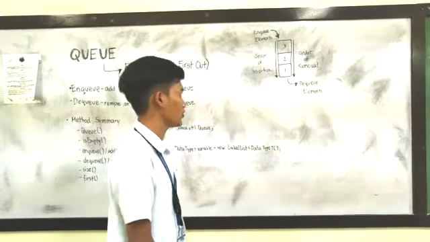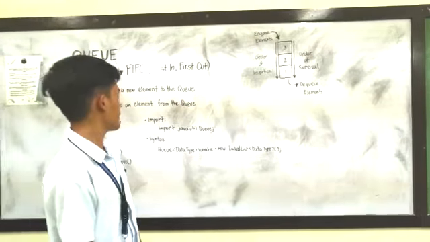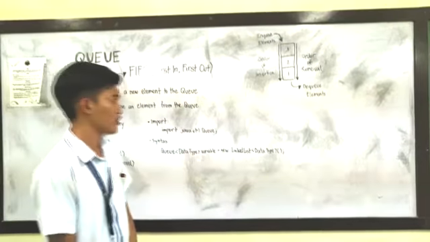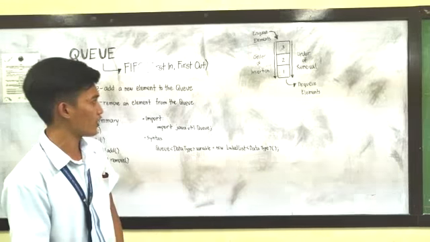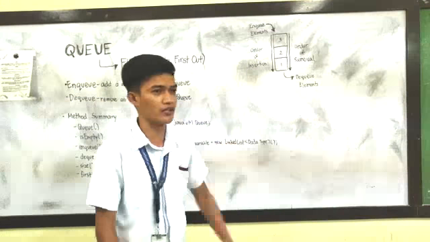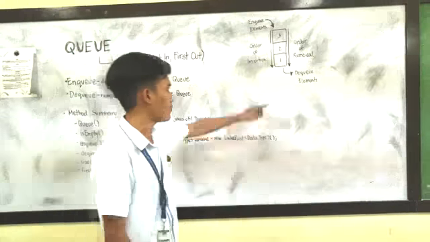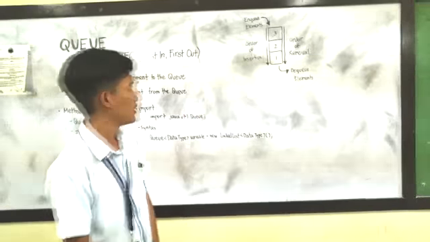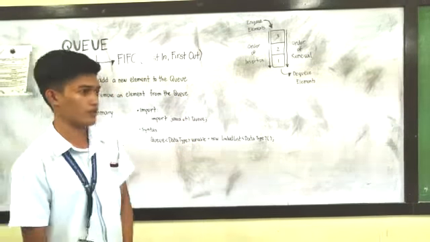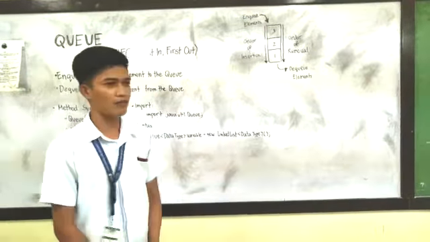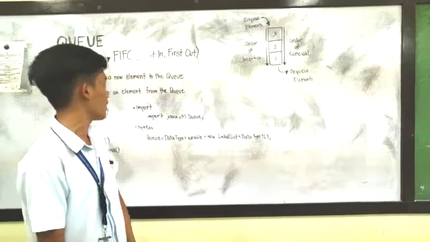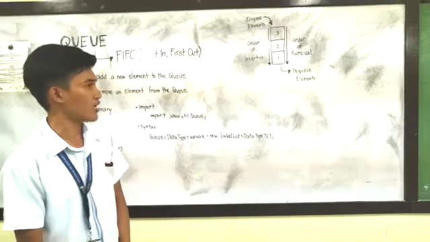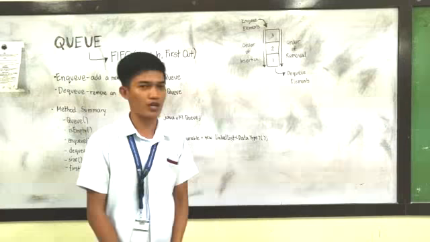Because it has the concept of first in, first out, the first element to be out is the first element that was inserted, so it is the number 1. It differs from stack because in stack the first element will be the last element to be out.